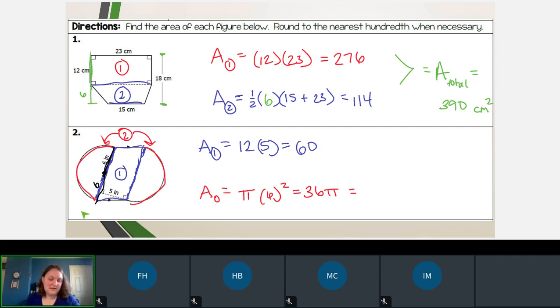And let's see, what do we get? 113.10. So our total area there, and you'll see me write it like this, area subtotal, is 173.10.